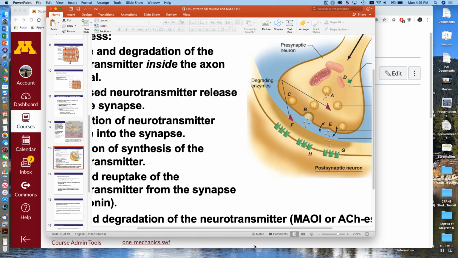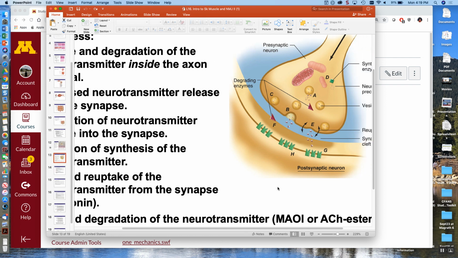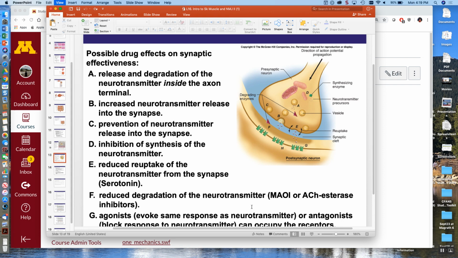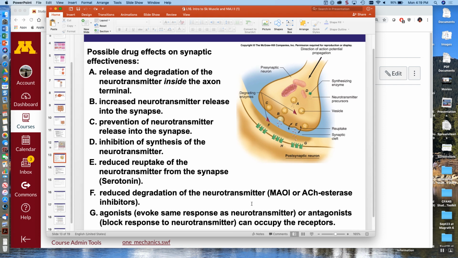This slide actually talked about some of the drugs that could change the events within the neuromuscular junction. The only thing that I want you to leave with from this review is what we talked about with myasthenia gravis. That was one of your problem sets.